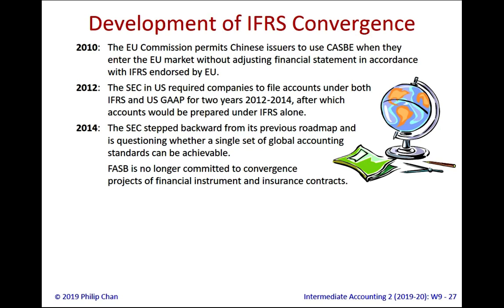So that means these days, US GAAP will have their own versions of financial instruments and insurance contract standards. In 2017, the IASB ignored the FASB.